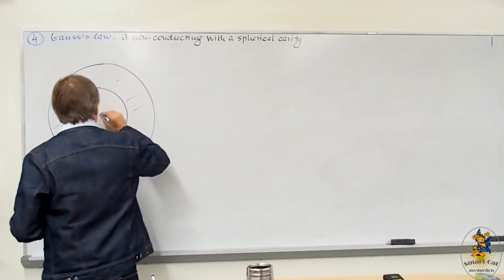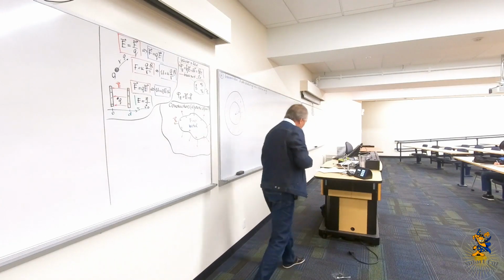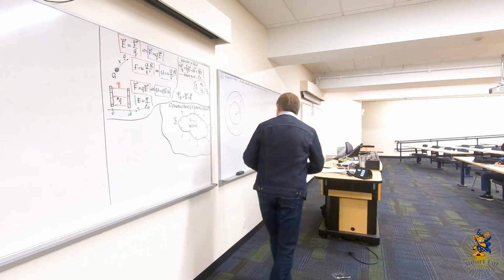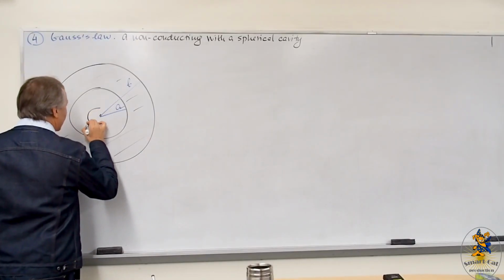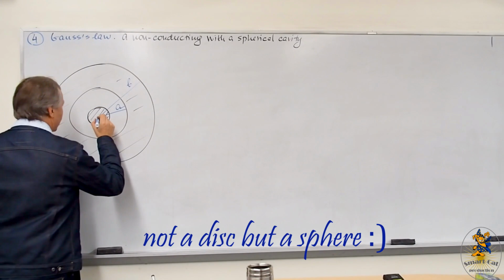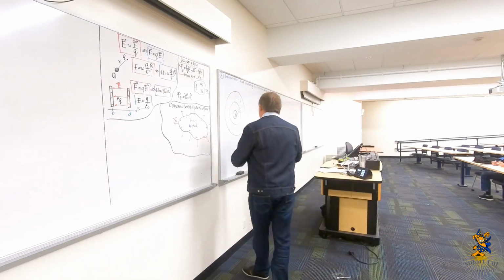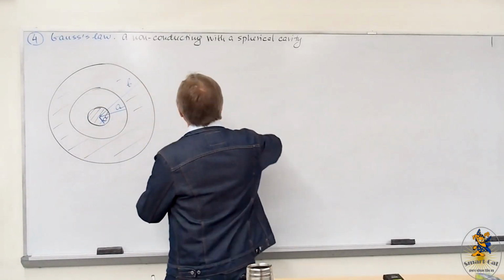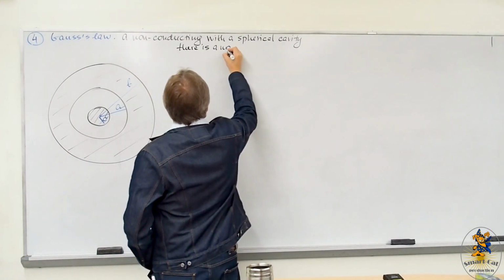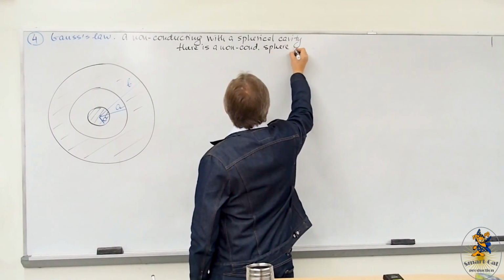Radii, let's say this is B, this is A, and in the problem, at the center there is a point charge, but I decided just now, let me position another non-conducting disk of radius, I don't know, C. Again, at the center, there is a non-conducting sphere at the center.